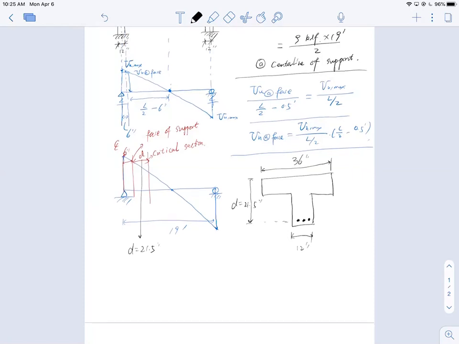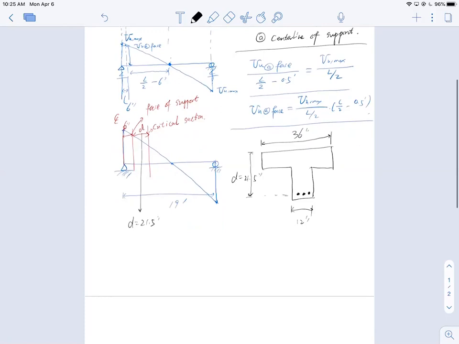Now, I still want to find out the value here, which should be VU at the critical section. So how to calculate that?